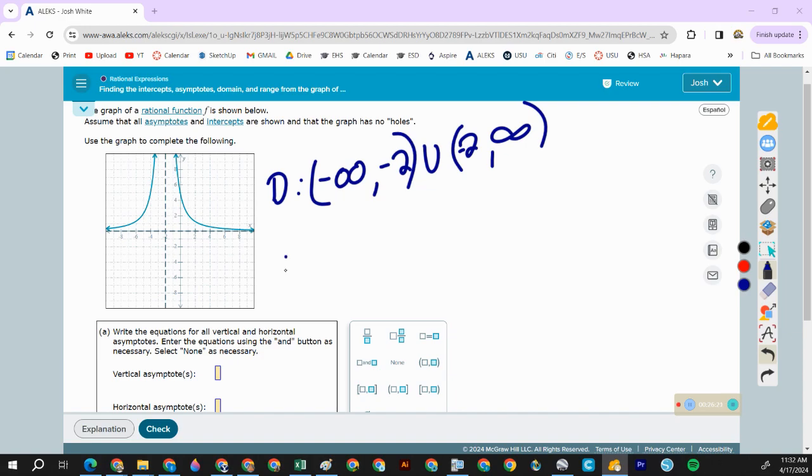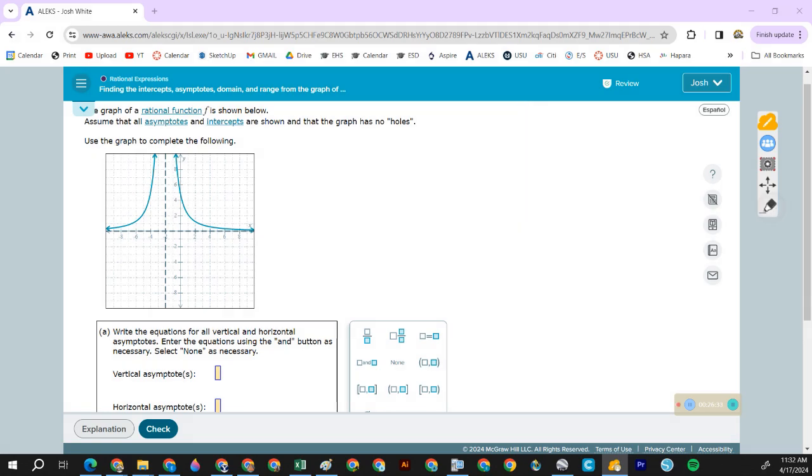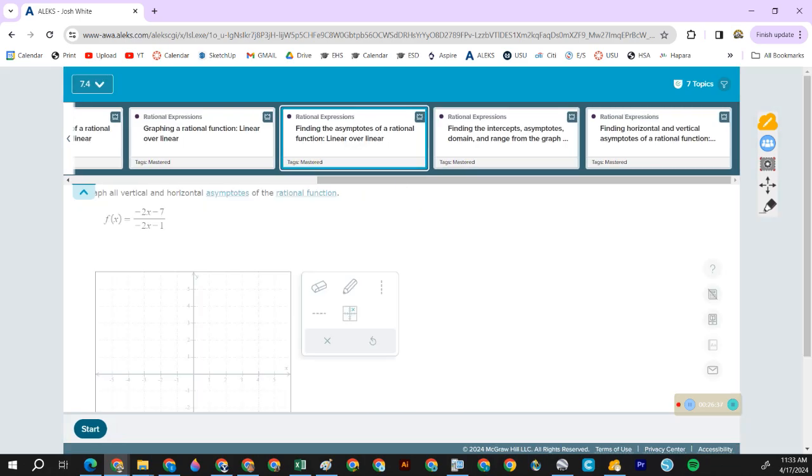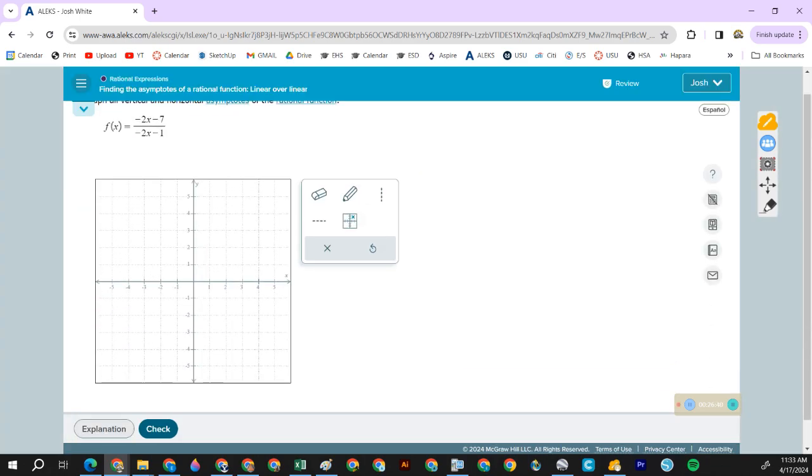And the range is going to be 0 to infinity again, because it's from 0 up. Everybody good there? All right.